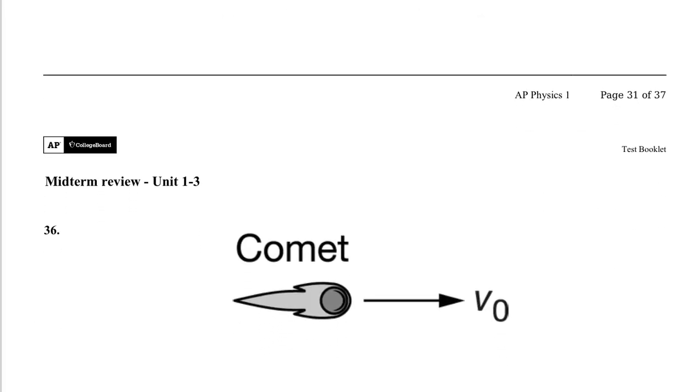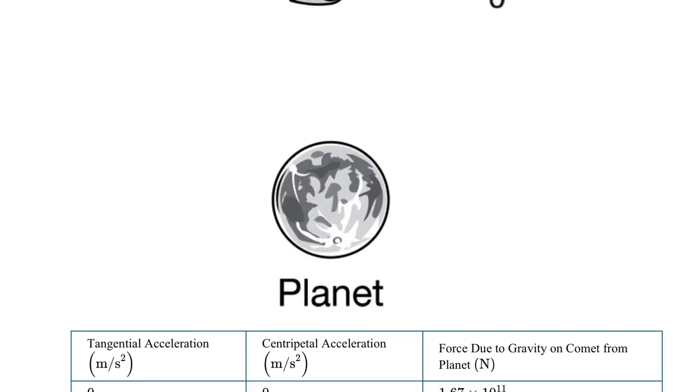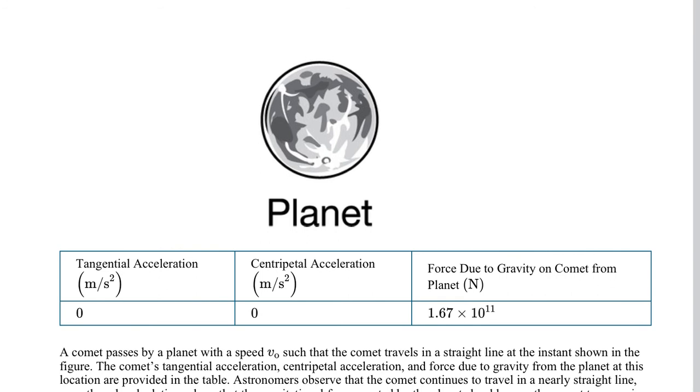Okay, so let's go on to 36. So going on to 36, we did this in class. So a comet is going to be going at initial velocity, and there's a planet right there. So it has a tangential acceleration of 0. So tangential acceleration is going to be non-existent.